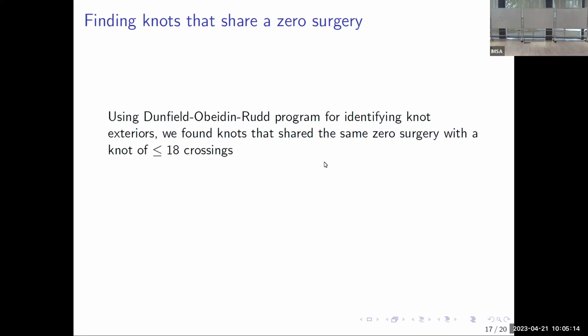Our sample right now is up to 19 crossings, but of these we were only looking at the 800,000 knots of up to 18 crossings that satisfy the original Fox-Milnor condition and signature zero.